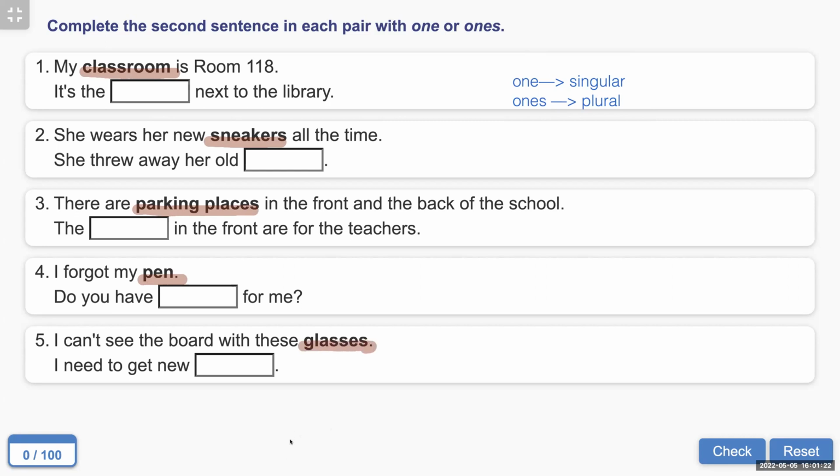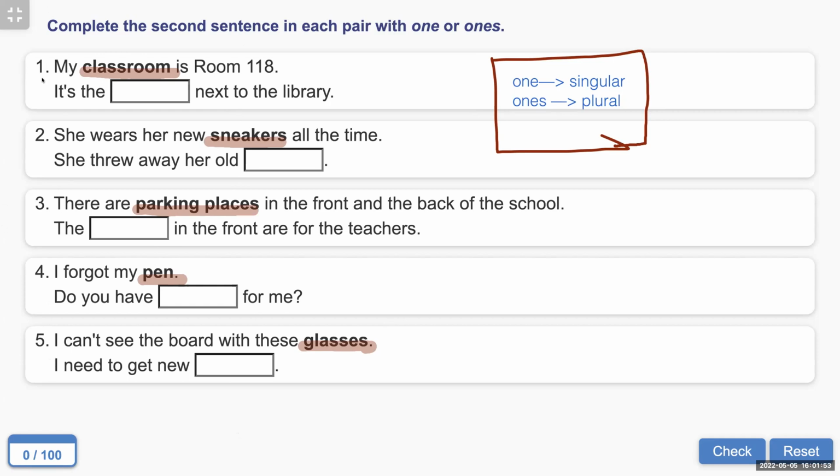So now I want you to look at the words classroom, sneakers, parking places, pen, glasses. Take the time to remember which one is which. You can pause the video, you can do this on your own, but please make sure that you complete this. I'm only going to go through 1 and 2 because I want you to try 3, 4, and 5.